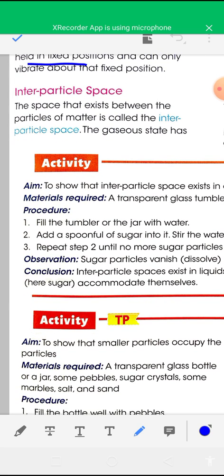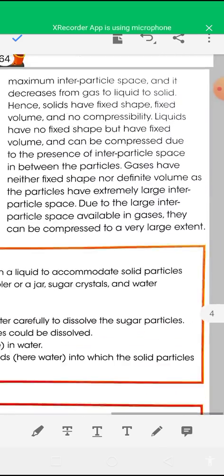Now see the next factor, interparticle space. The space that exists between the particles of matter is called the interparticle space, and this interparticle space is maximum in gaseous state and minimum in solid state.